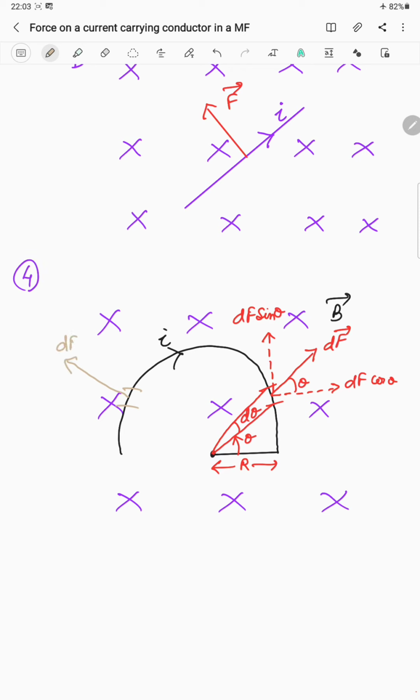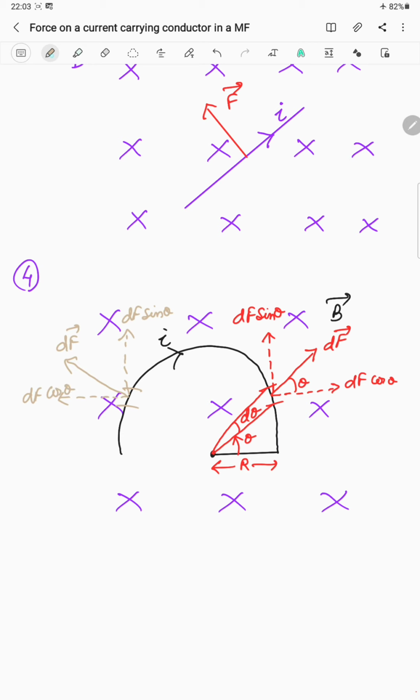This will be the direction of dF. Now again this one will have one component, this one will have another component.